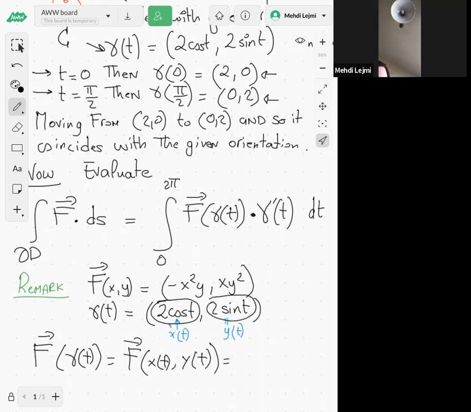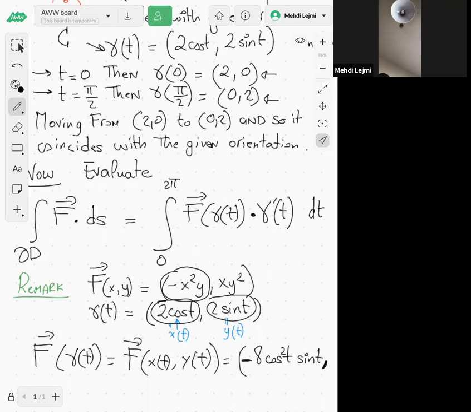So that will be equal to, this is minus x squared times y, so it's minus, my x is 2 cosine and my y is 2 sine. So x squared is 4, minus 4 times 2, that's minus 8 cosine squared of t times sine of t.